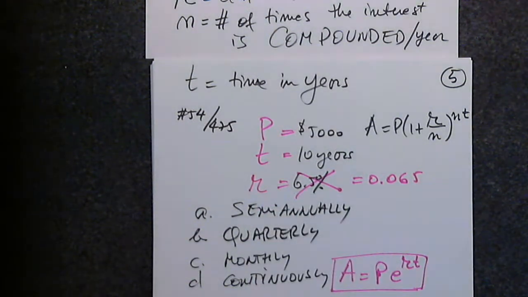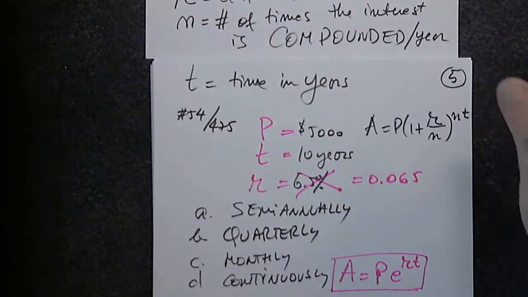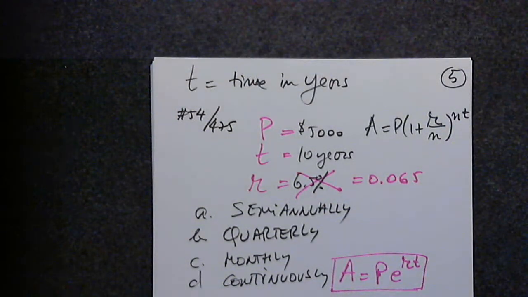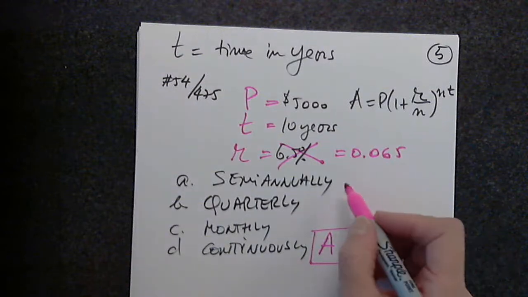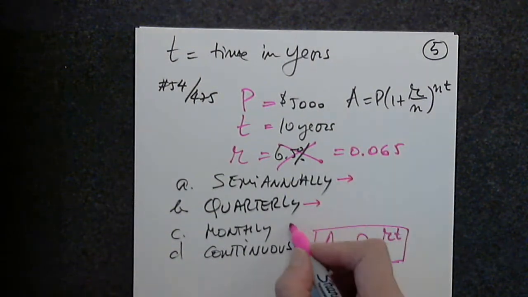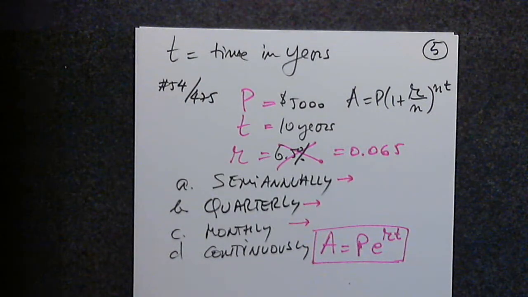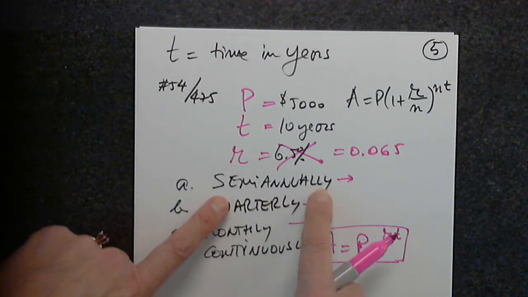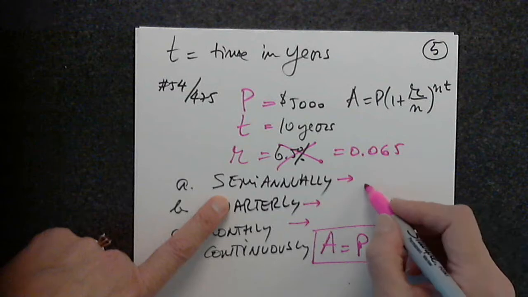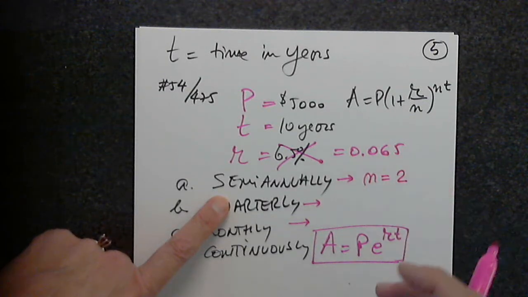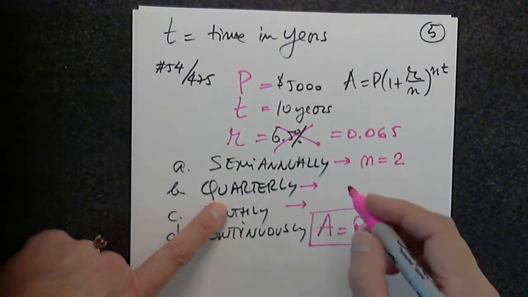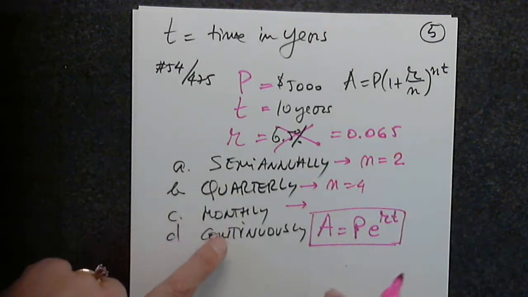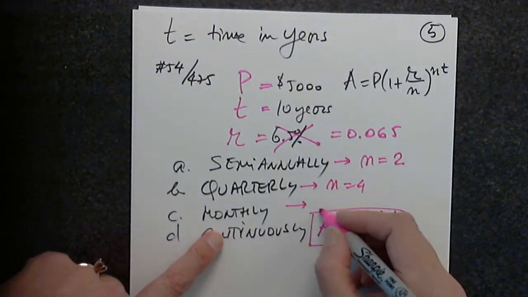We have to identify what semi-annually, quarterly, and monthly mean. So the interest is compounded semi-annually. What does this mean? Yes, lowercase n is 2. Quarterly, n equals 4, and monthly, n equals 12.